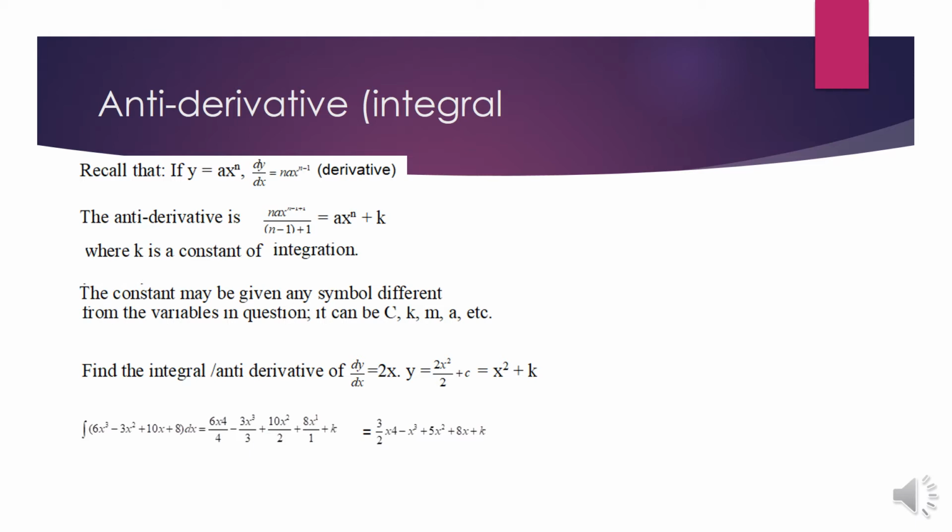When you integrate it, increase the power from 2 to 3, so it becomes 3x cubed divided by 3, then plus 10, integrate 10x, so it will be 10x squared divided by 2, then plus 8x to power 1 divided by 1 plus k, equals 3 over 2 x to the power 4 minus x cubed plus 5x squared plus 8x plus k, the constant.